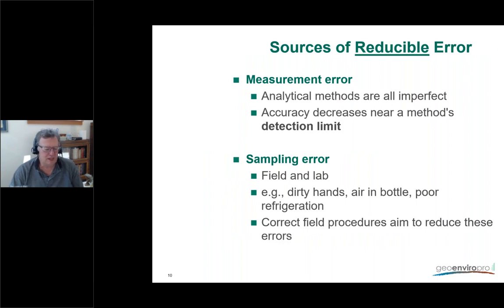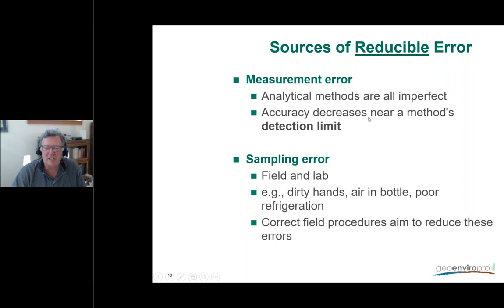Again, a couple of, I'll call these pablum slides, but it's important to consider this when we're talking about the quality of data. There are certain sources of slop in our data where we have reducible error. These are things we can fix. Measurement errors: we pick the right analytical methods as a laboratory, or accuracy decreases.